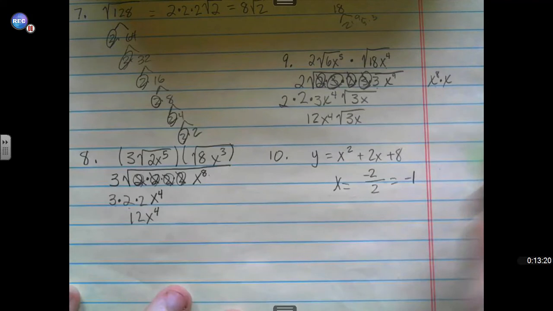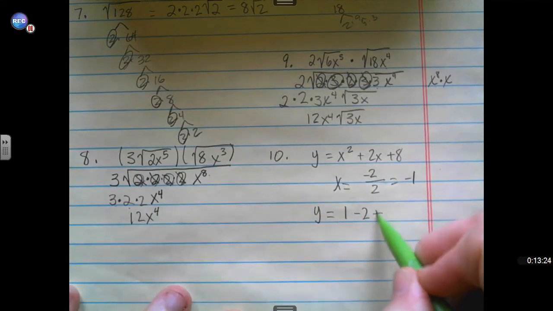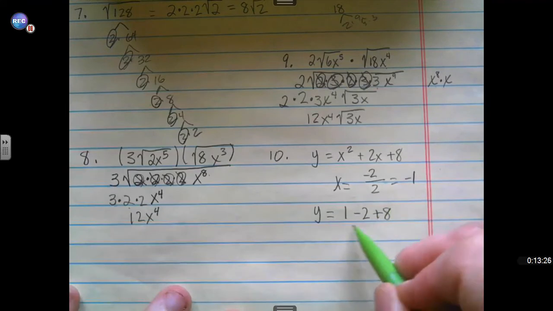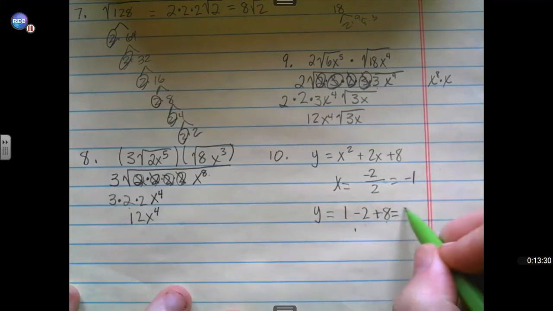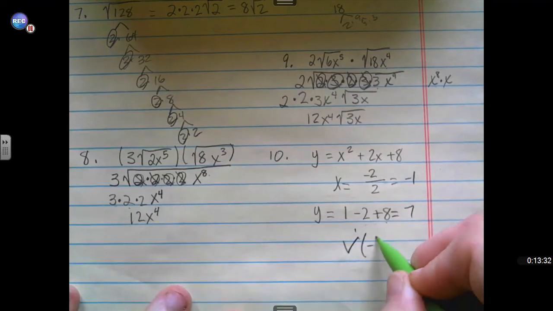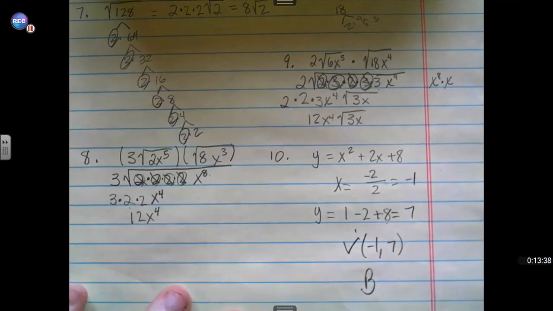And we plug that in, we get 1 minus 2 plus 8. 1 minus 2 is negative 1 plus 8 is 7. So our vertex is at negative 1, 7, which is letter B on the review worksheet.